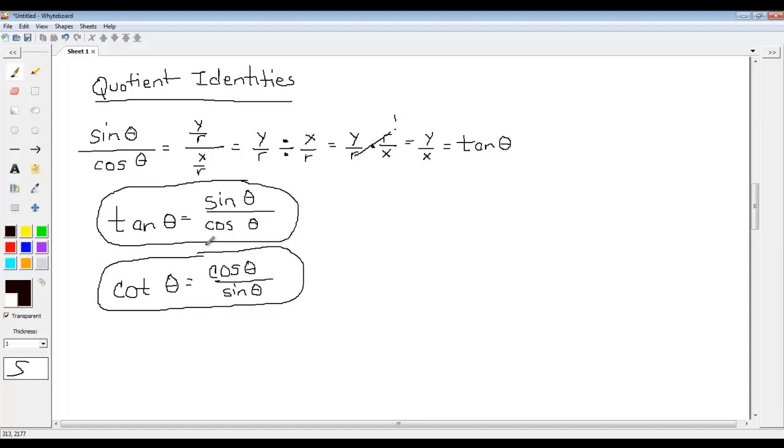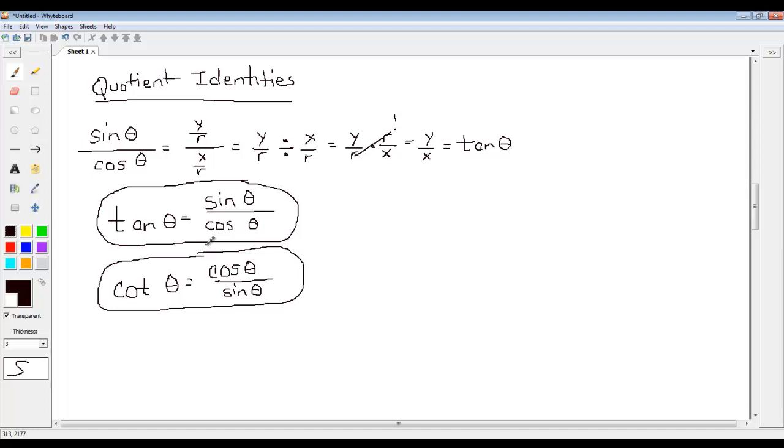So let's start playing with some of these identities a little bit. Let's use them to help us find some function values. We found function values before by sketching the right triangles on the grid and looking at the sine, cosine, tangent ratios, and then deciding on the signs based on what quadrant we were in. And I told you to think about a smart trig class.